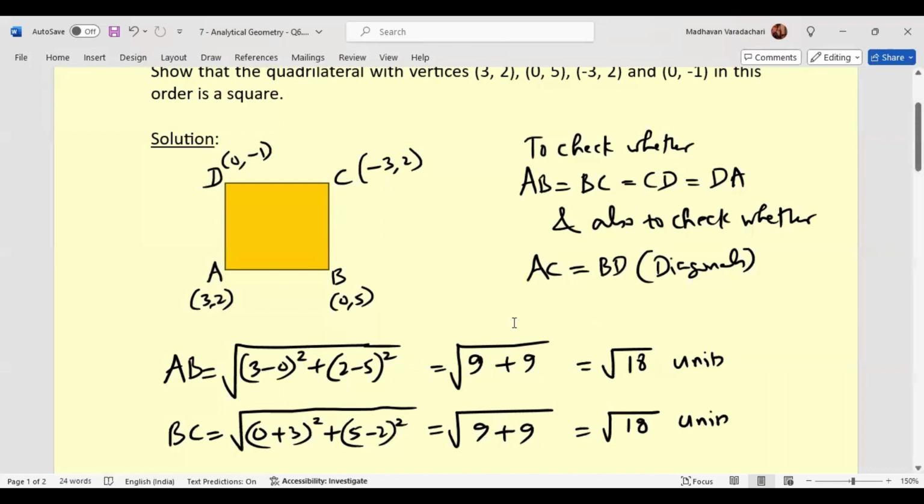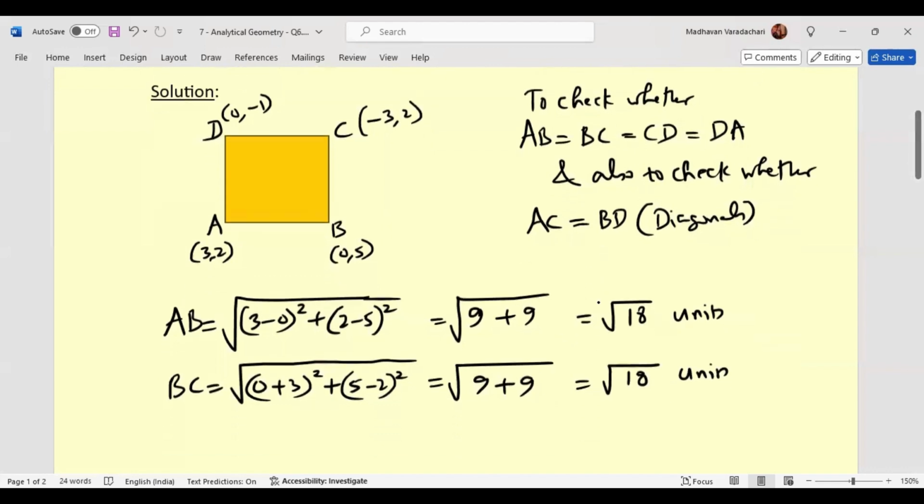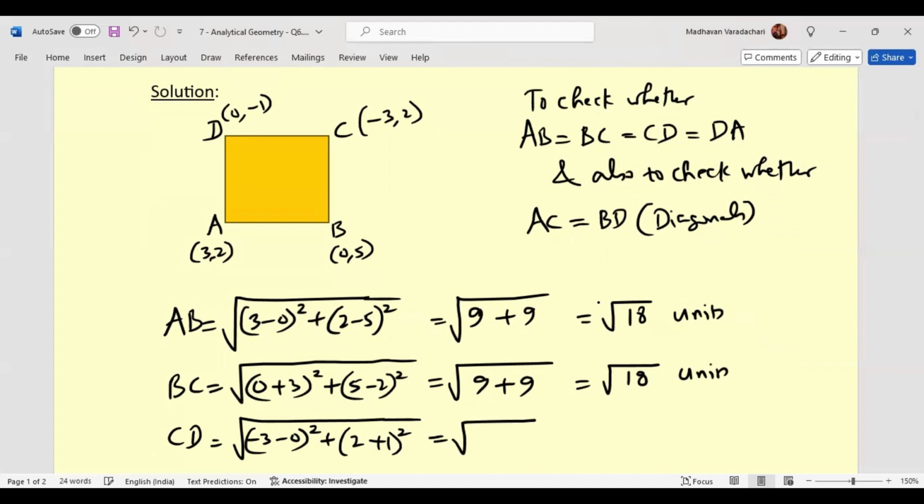Let us now check about CD. CD is square root of (-3 minus 0) the square plus (2 minus (-1)) the square. So minus 3 square is 9 and 3 square is again 9. This is also root of 18 units. Now let us check about DA.